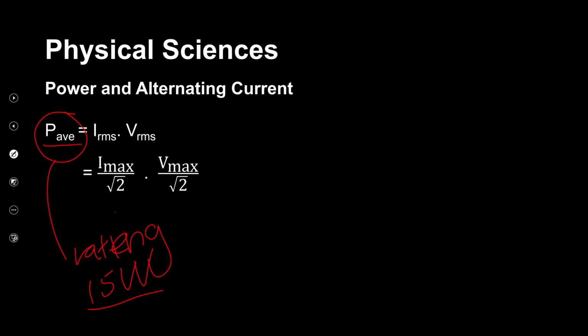Well, that's the average power. And the average power is found by multiplying IRMS by VRMS. And if you do that, you'll see that root 2 multiplied by root 2 is going to give you a half, and then it's going to be Imax times Vmax. And that's quite a useful formula to recognize.